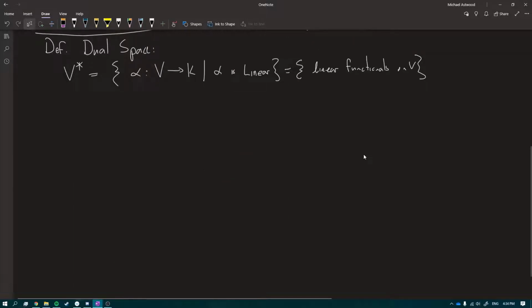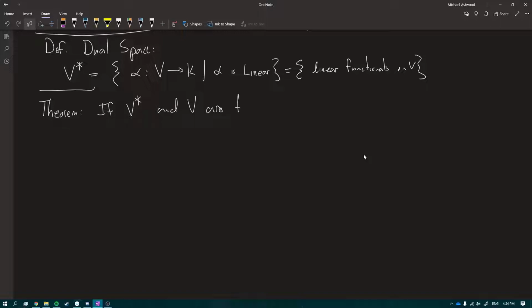Something to note is that theorem: if V star and V are finite dimensional, then V is isomorphic to V star.